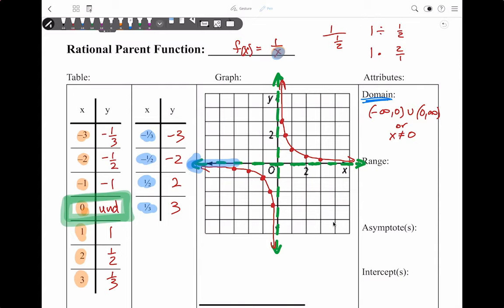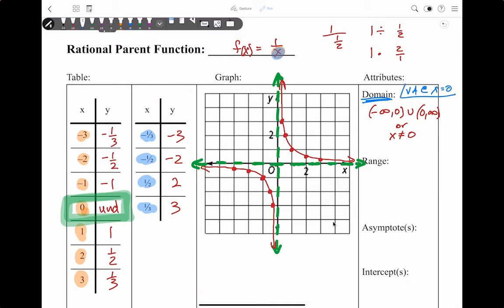Okay? So the range is going to be everything up here going up and everything down here going down, but not at y is equal to zero. The domain dealt with that vertical asymptote. Let's say that vertical asymptote, we'll write it in blue, is at x is equal to zero.